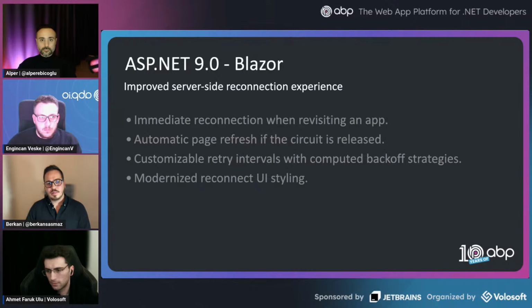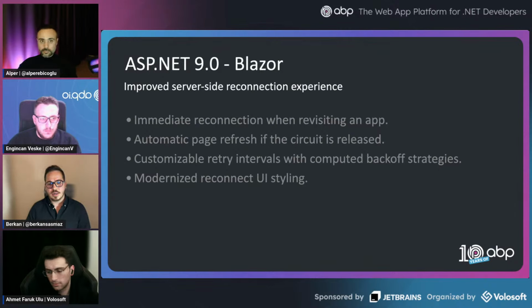Now, let's talk about the updates to Blazor server-side reconnection. When users navigate back to an app with a disconnected circuit, reconnection now happens immediately, which makes it much more convenient. Moreover, if the server has already released the circuit, the app automatically refreshes the page, so users don't have to take any manual action.